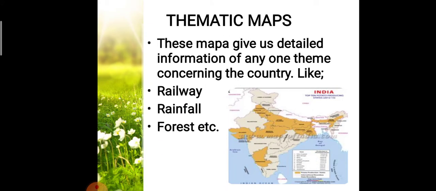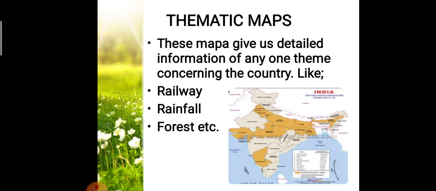Finally, let's talk about thematic map, the third type of map. These maps give us detailed information of any one theme concerning the country, like railway, rainfall, forest, and others.